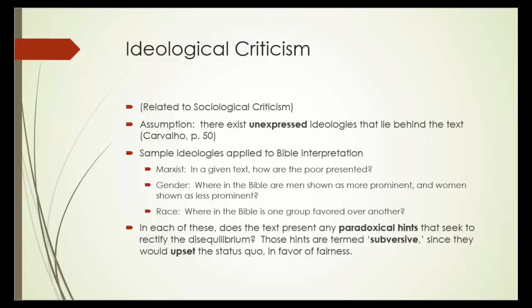So, with biblical criticism of an ideological sort, seen through Marxist lenses, the critic will look at a biblical story and ask, if the poor are present in a story, they're not present in every story, but if the poor are present, how are they represented? Or how are the powerful, the rich, represented? Poor and weak, the rich and powerful, how are they presented in a story?